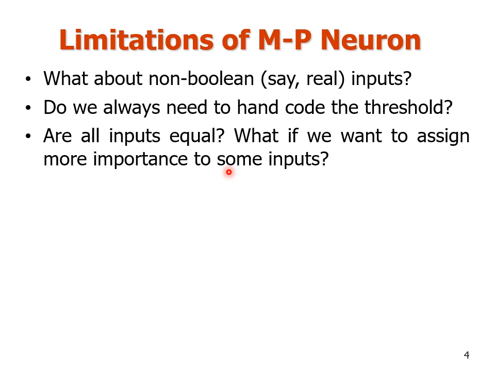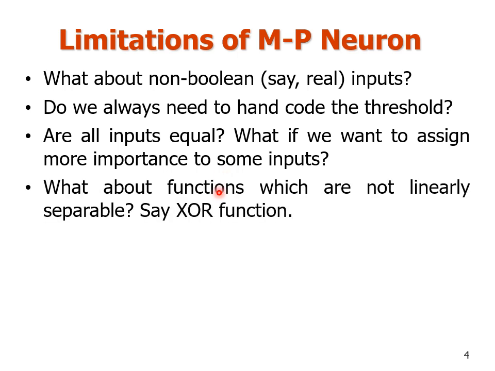So once again, to handle this issue, we need to look for some better mechanism. The fourth question that we posed was, what about functions which are not linearly separable? Say, for example, the Boolean function exclusive OR.